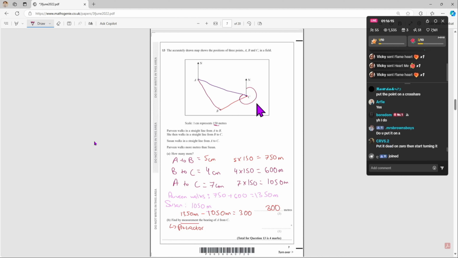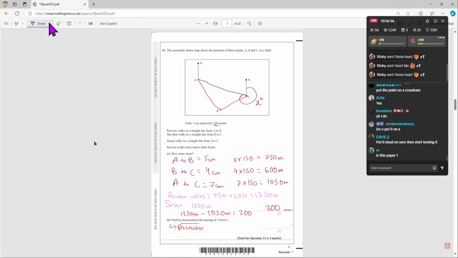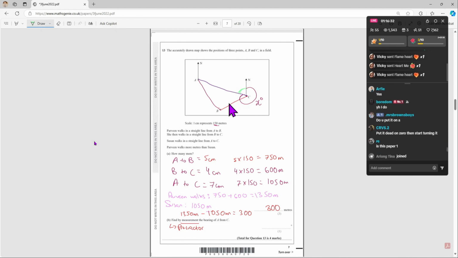The bearing is going to be this specific angle right here. This is going to be the bearing from C to A, okay? And to work out the bearing, first of all, work out this angle right here. Now, if you use a protractor to work this out, you know that this will be 72 degrees.